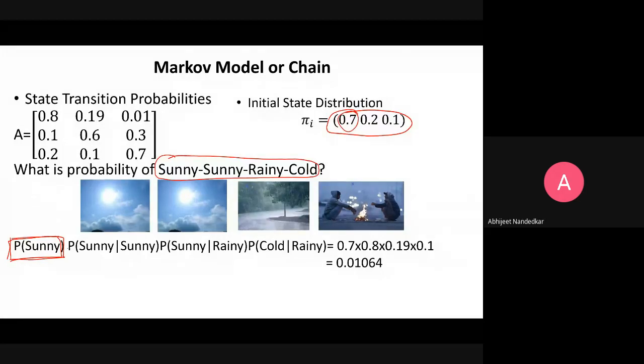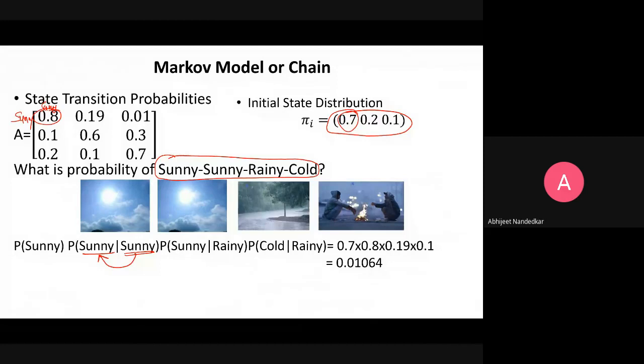Then multiplied by the second conditional probability: given the current state is sunny, what is the chance that the next day is also sunny? So go to your transition table, you will see this is sunny and this is sunny.